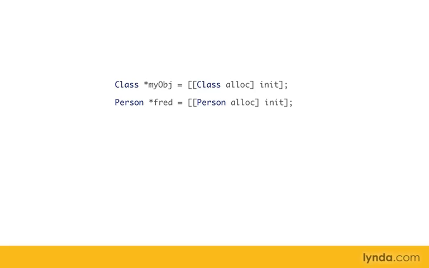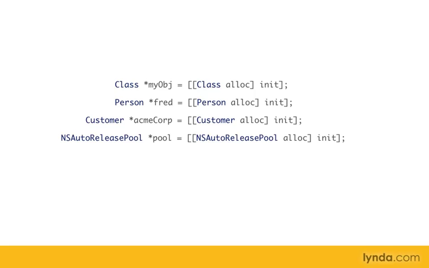Person Fred equals person alloc init. Customer Acme Corp equals customer alloc init. And even all the built-in objects inside Cocoa Touch, such as NSAutoreleasePool pool equals NSAutoreleasePool alloc init. If this looks vaguely familiar, that's because this is one of the lines of code that's very commonly created when we make a project in Xcode.